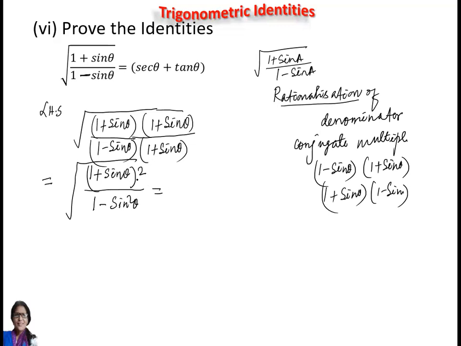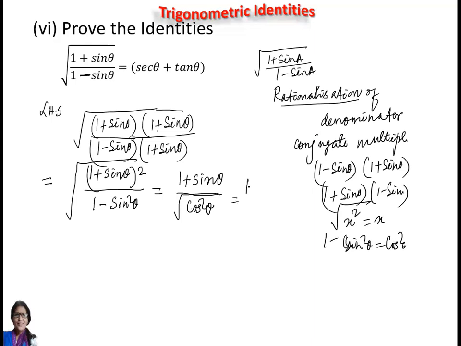And taking the square root, you will get 1 minus sine square theta in the denominator. 1 minus sine square theta is how much? Cos square theta. And the square root will be cos theta. So this will be 1 plus sine theta by cos theta.